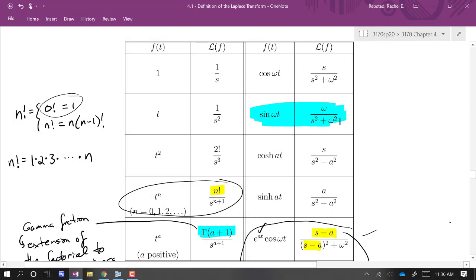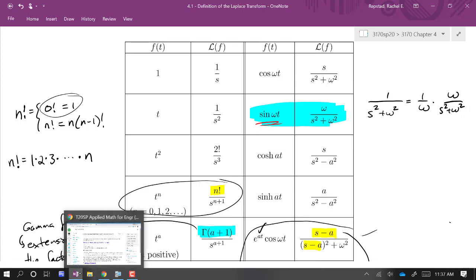The difference is that we have 1 on top instead of omega. So 1 over s squared plus omega squared, we could see this as a factor of 1 over omega times omega over s squared plus omega squared. So this function, 1 over s squared plus omega squared, is the transform of 1 over omega times sine omega t. It just has that factor of 1 over omega in front.